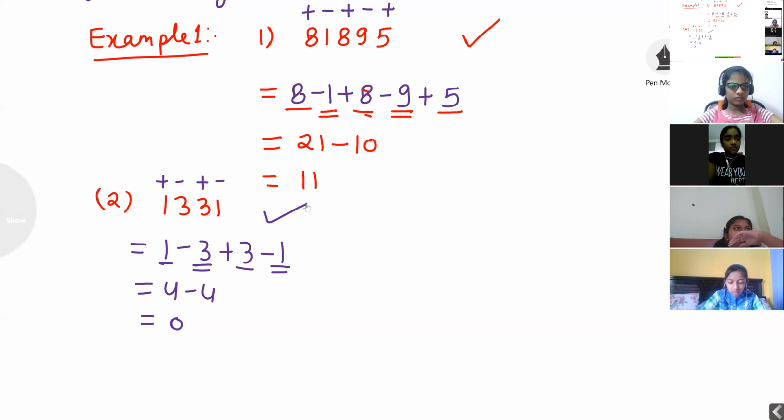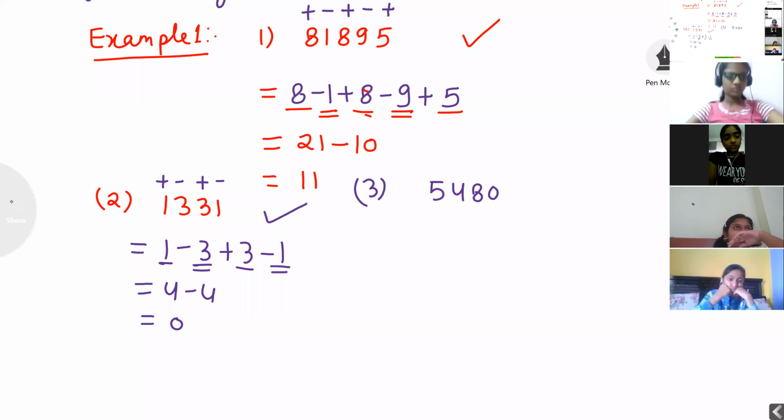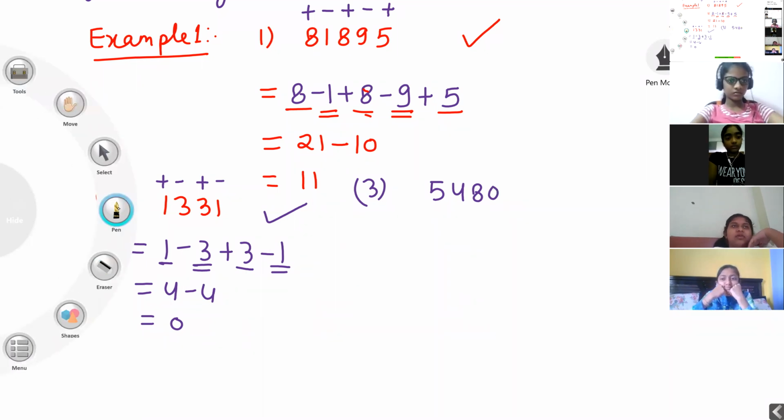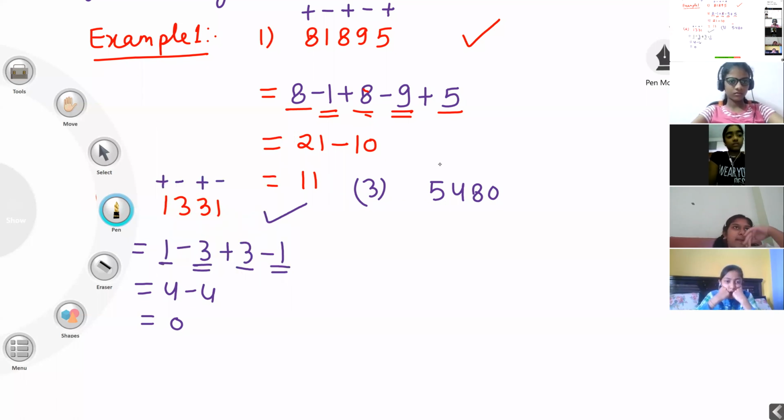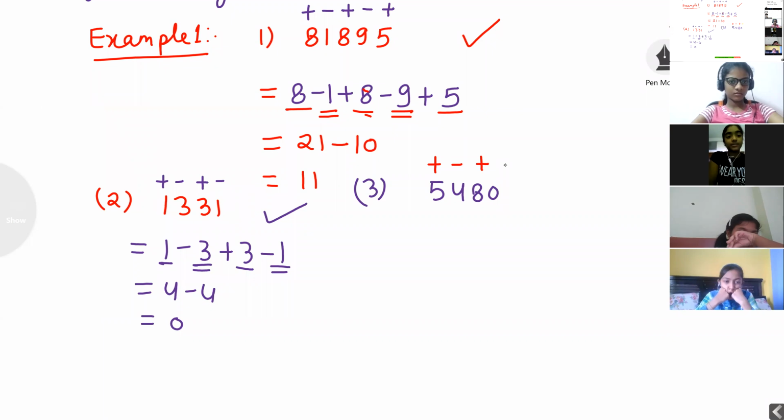One more example I am writing, concentrate. Third example, 5480. I want to check whether this number is divisible by 11 or not. How to check? Firstly, I want to mention the signs. First sign will be plus, minus, plus, minus. Now 5 minus 4 plus 8 minus 0.